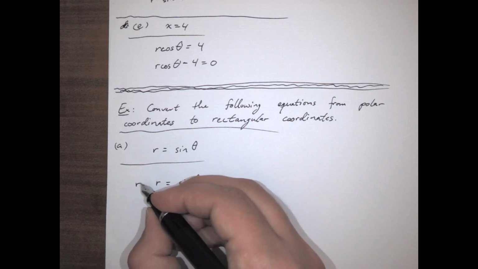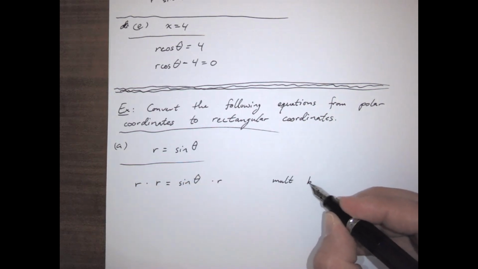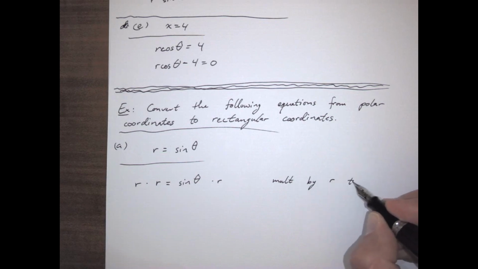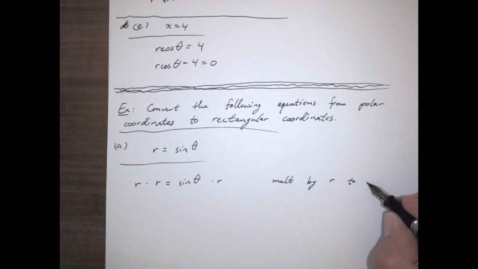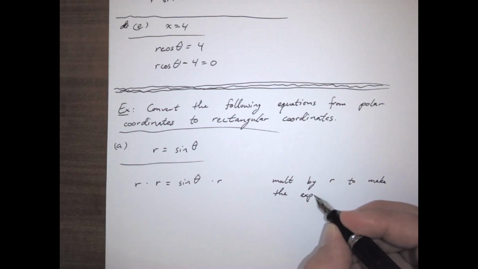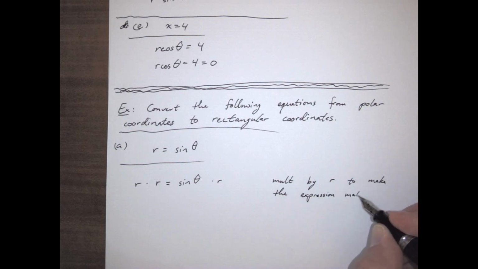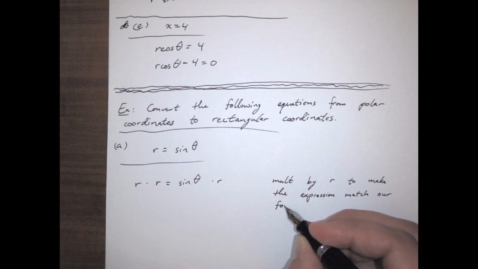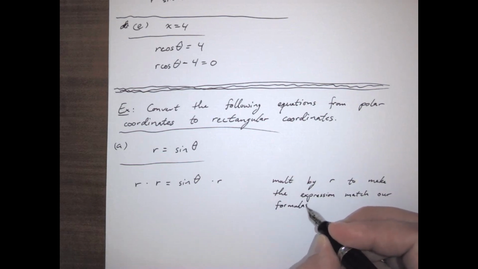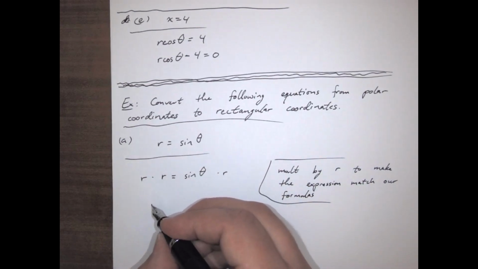So we multiply both sides by r, to make the expressions match our formulas. Okay, so then what's that going to be?